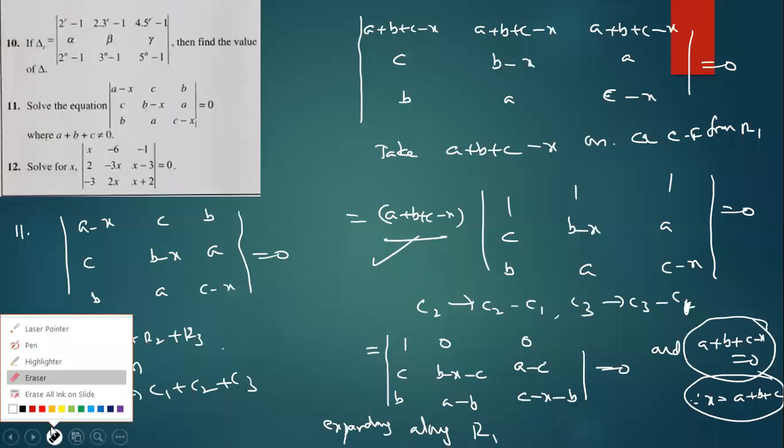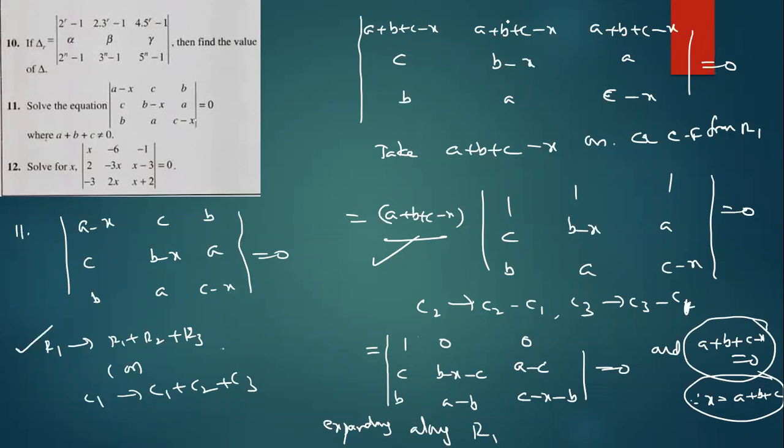Tell me. What is the one answer? X can be A plus B plus C. What is the another value? Please find out.